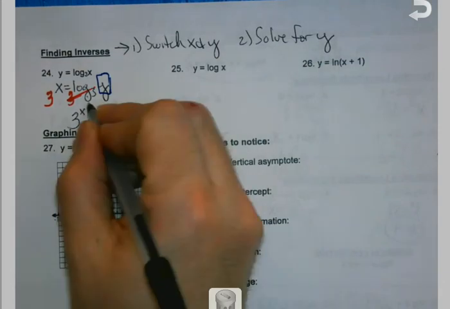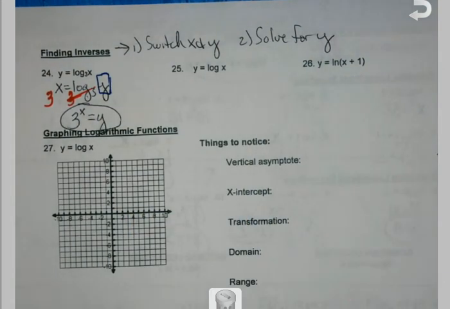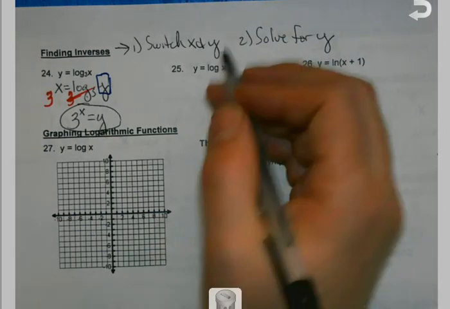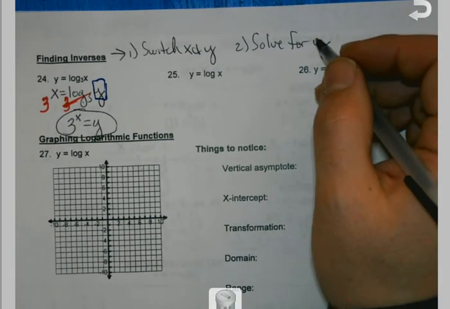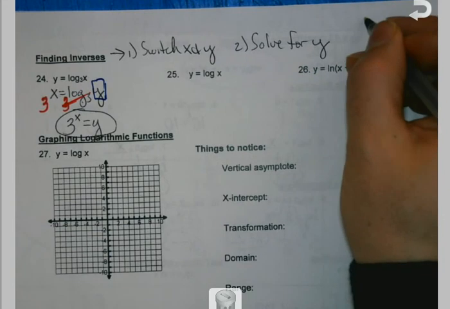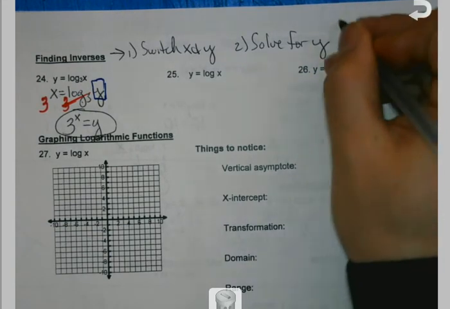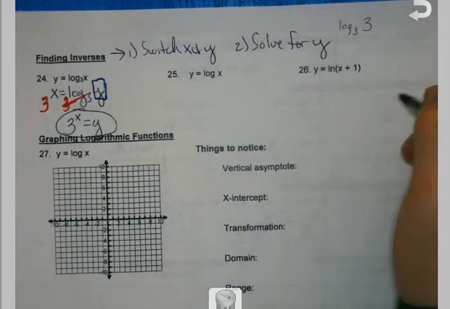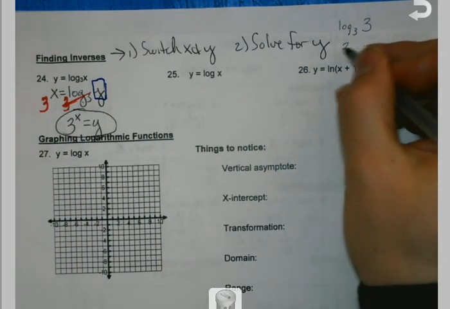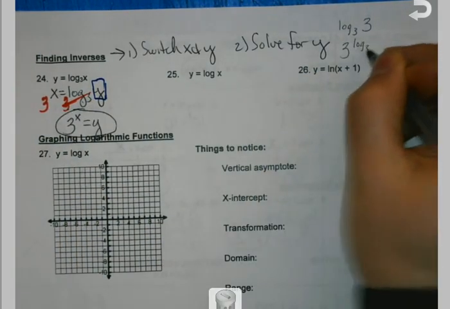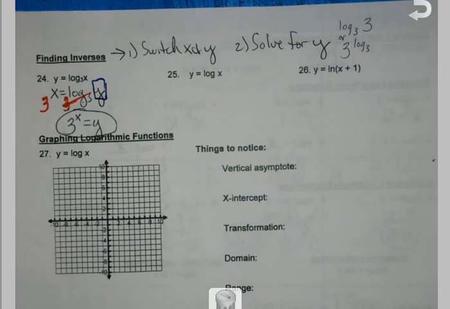The x is still an exponent, and I'm set. Because again, whether I've got a number and I use the log to get rid of it, so like if I have 3 and I use log base 3, or like here, I'm trying to get rid of the log, so I exponentiate, either of those can work.